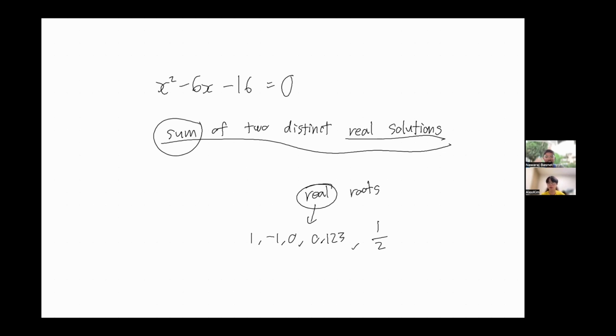So any number that exists in real life. These are all real numbers. Things that are not real numbers are, for example, a decimal that never ends. So it keeps on going forever. This is not a real number. You can kind of think of it like that.